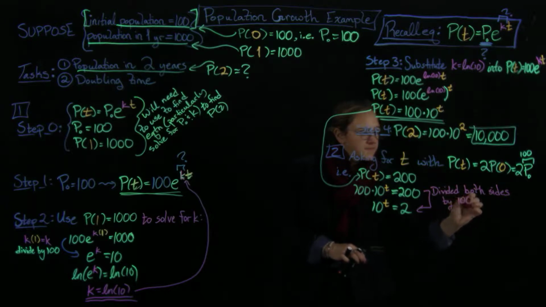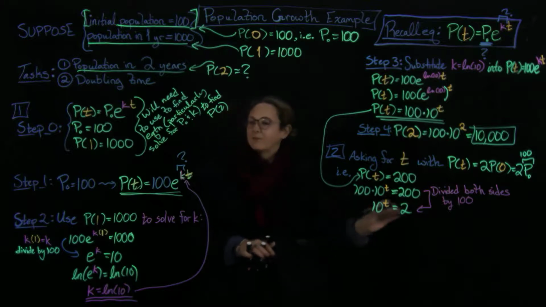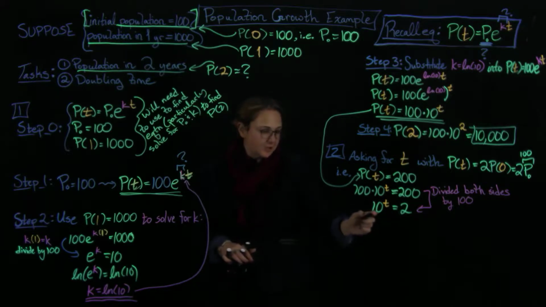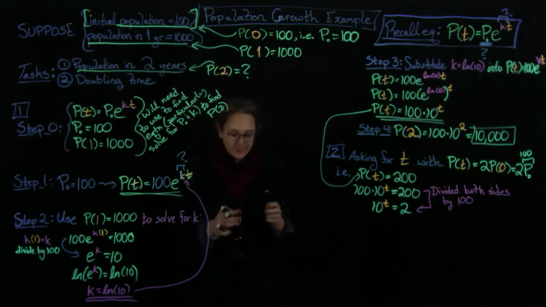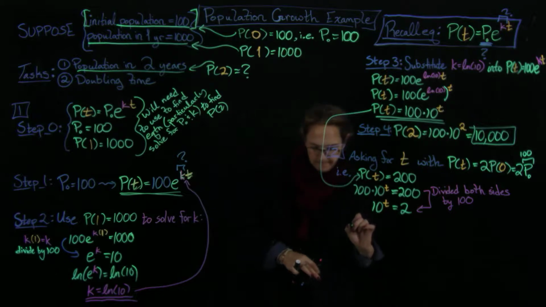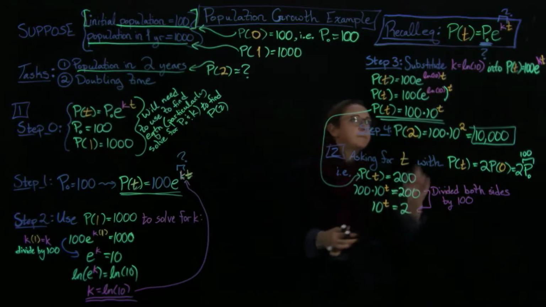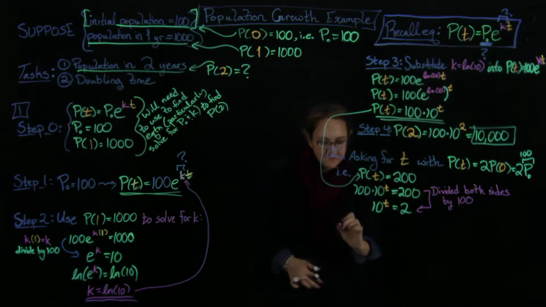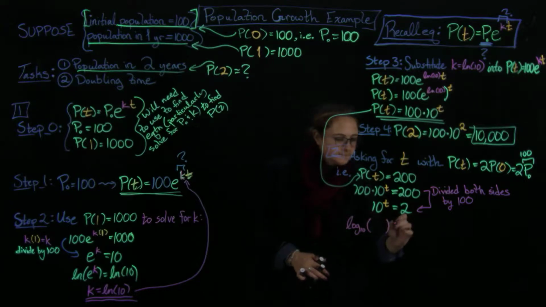Now the base here is no longer e, so we have to take the log base 10 of both sides, since those are inverse functions. Let's make that red, because we no longer have to solve for k like that. So I'm going to take log base 10 of both sides.